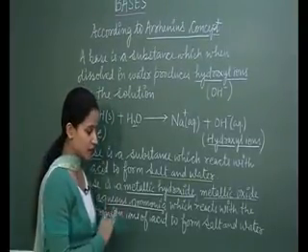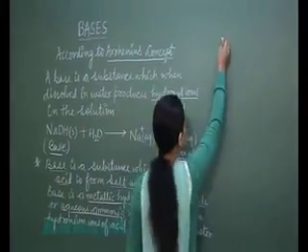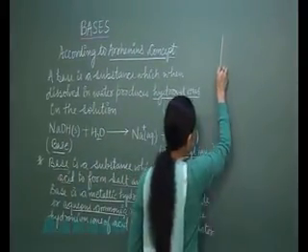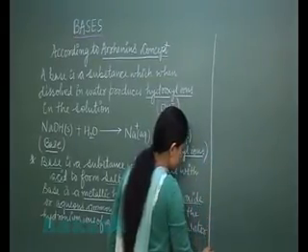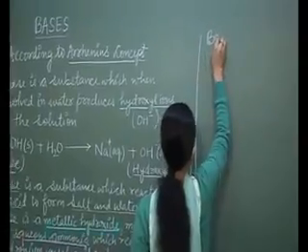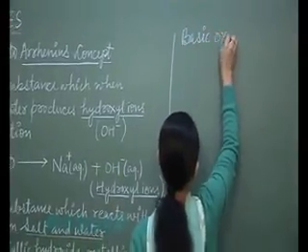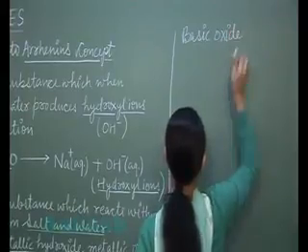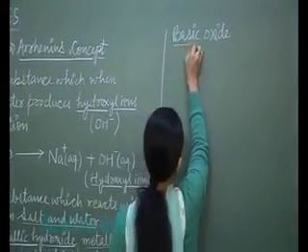Now let us understand this with the help of examples. First of all, let us include basic oxide in the definition of a base. So first of all, we have basic oxide.